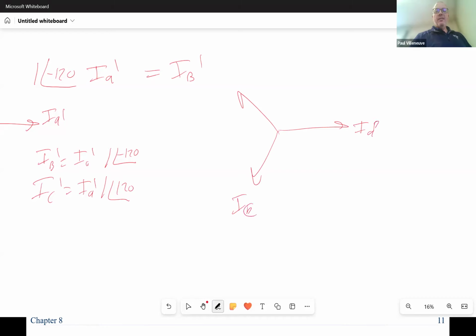IC2 and IB2. Sure looks like it. It's the same thing. IB2 is equal to IA2 multiplied by 1 at an angle of 120. And IC2 is equal to IA2 times 1 at an angle of minus 120. So all I need to do is multiply that.